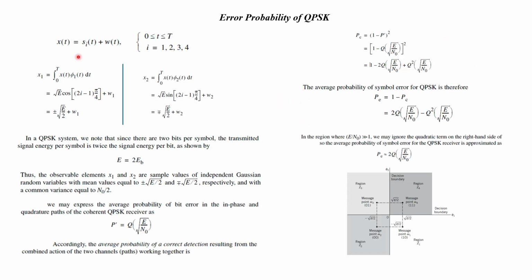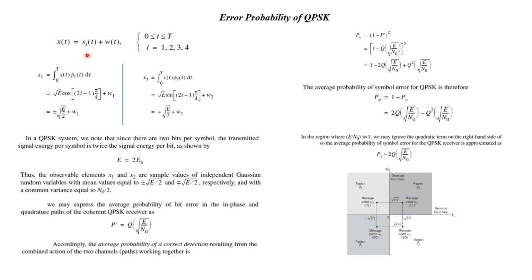Now we'll try to understand the error probability of quadrature phase shift keying, that is QPSK. The received signal at the input of the receiver, x of t, is the sum of the transmitted signal and the noise of the channel. We are transmitting a finite time duration signal in QPSK.